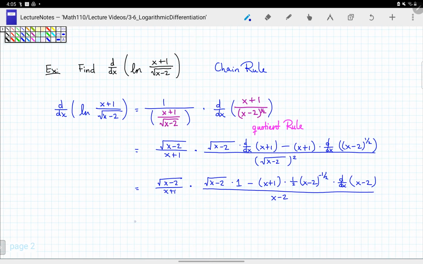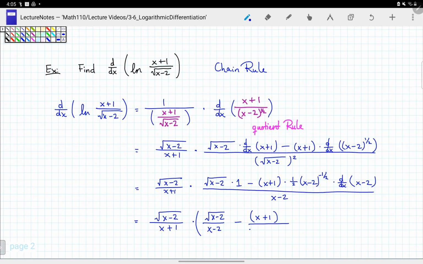Okay, so this now becomes square root of x minus 2 divided by x plus 1 times square root of x minus 2, minus, let's see, I'm going to put this over x minus 2, minus x plus 1, divided by, the reason I did that is so that I could actually use this negative exponent.